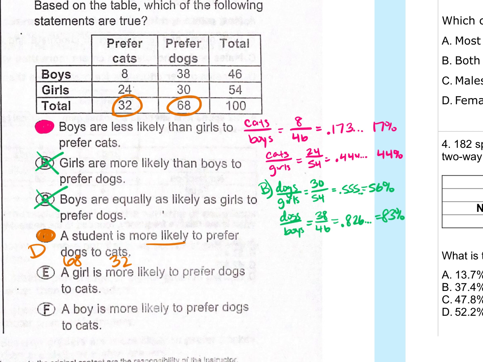Well, out of 54 girls, 30 prefer dogs, 24 prefer cats. No, sorry. Let me restate that. 30 prefer dogs and 24 prefer cats, so that is true. The last statement, a boy is more likely to prefer dogs to cats. Well, looking over here at this row for boys, 38 prefer dogs, 8 prefer cats, so that is also a true statement.